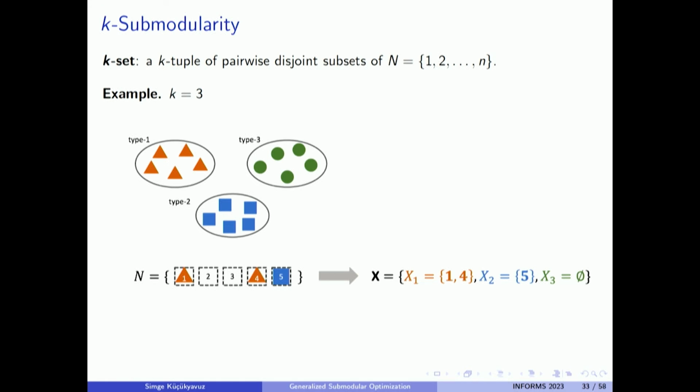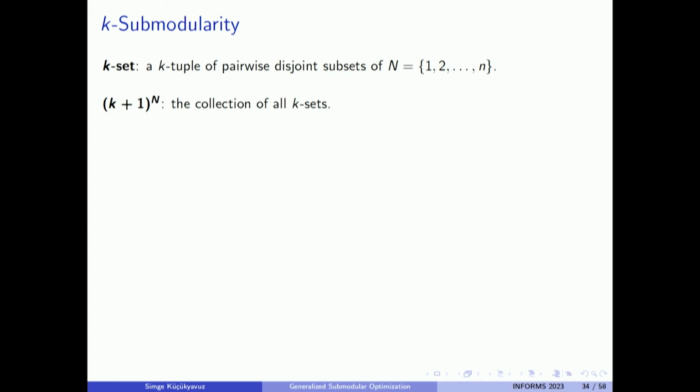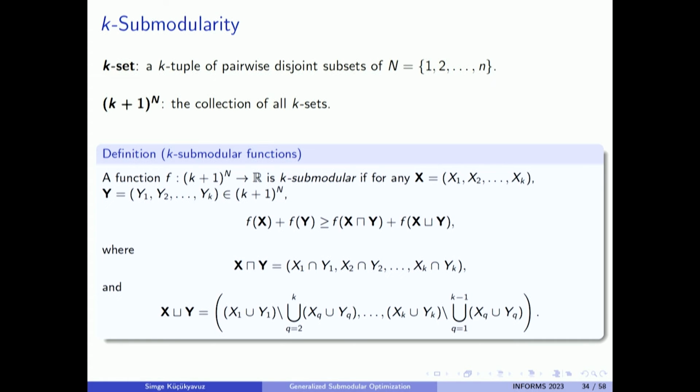So now we want to select 3 distinct subsets and evaluate their, let's say, coverage function F as a multi-set function. So instead of a single set function, we have a multi-set function. Now we'll be talking about K-tuples of pairwise disjoint subsets of N. The notation (K+1)^N will be the whole collection of all K subsets.